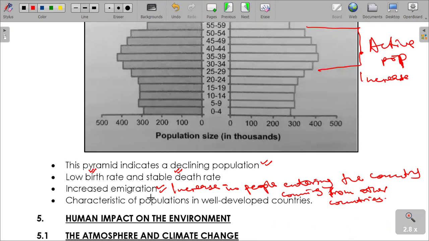This is a very well-developed country, and it can be seen in this regard. Sometimes we can talk about family planning policies, which say that people should not have children up to a certain age, or people receive incentives.